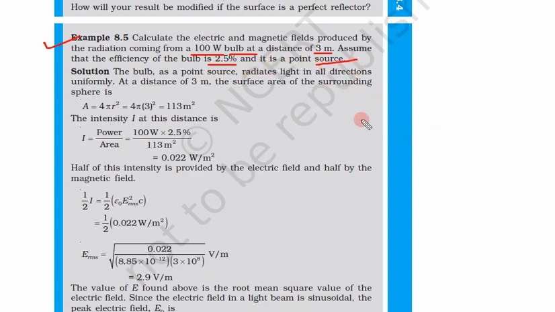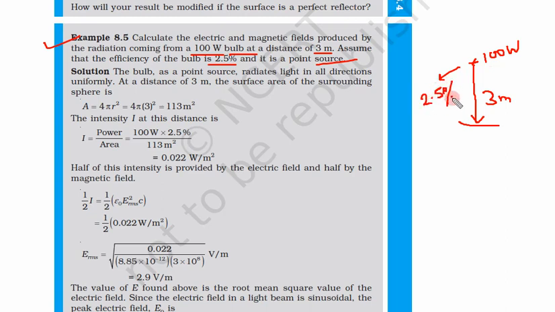So these are simplifications: this bulb is a point source, and we have to tell what the electric and magnetic fields are 3 meter far from this bulb. The bulb is 100 watt but the efficiency is only 2.5%.